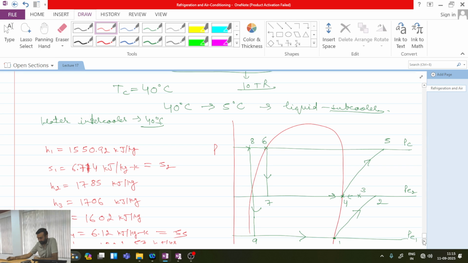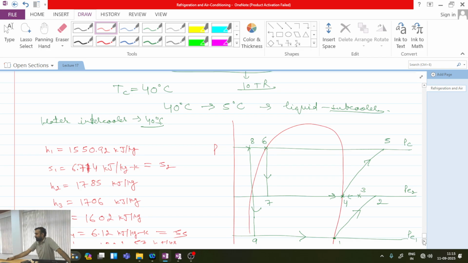Okay, so maybe if we give you the value for specific heat of the liquid refrigerant, then you can apply H6 minus H8 is equal to Cp times T6 minus T8. I know Cp, I know T6, I know T8. From there I can calculate the value.